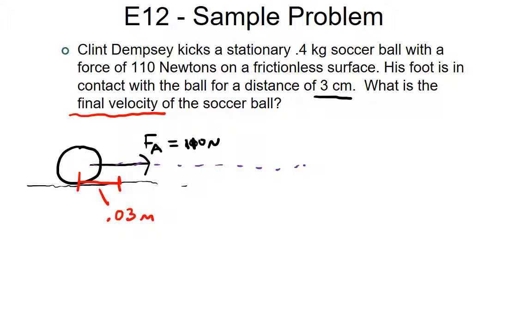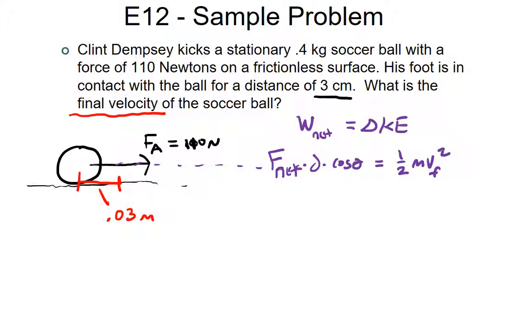So when we do this, you don't have to write out the first equation, work net equals the change in kinetic energy, but you need to write down force net times displacement times cosine theta equals 1/2 m v final squared minus 1/2 m v initial squared. And this will allow you to look at the situation fully.